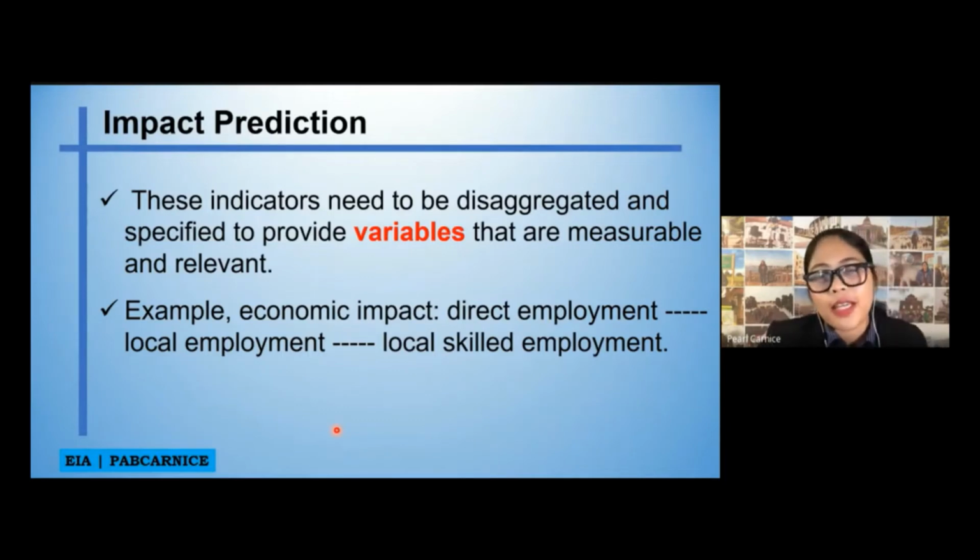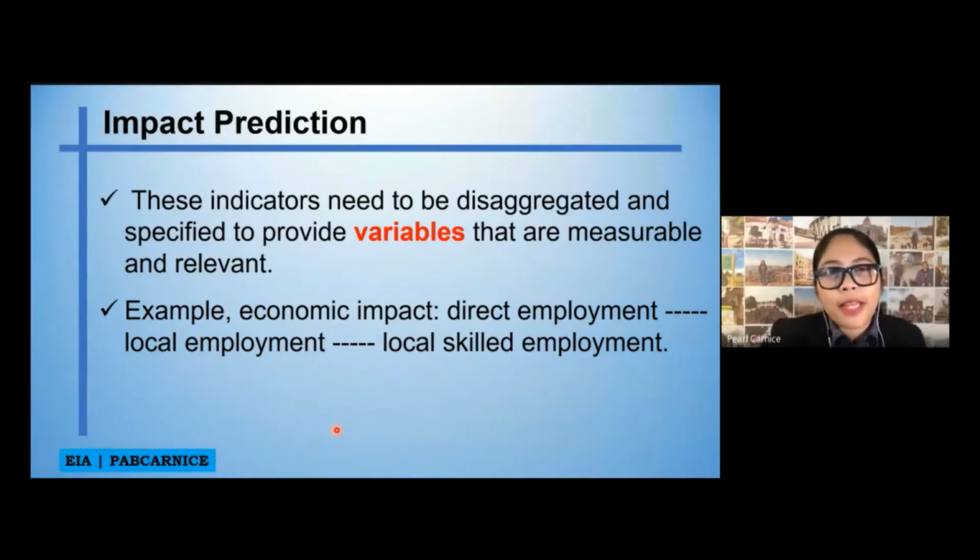But let us say, in one way or another, let us put an assumption that the contractor will be hiring people that are living near the area, construction workers that are living in the area. So that is considered as a direct employment. And the next point is, it is also considered as a local employment because the establishment of the project is on the locality, and the construction workers that were hired are also people living on the locality.